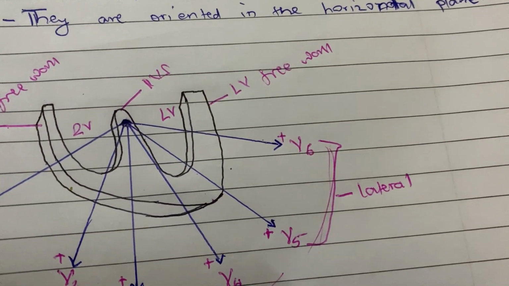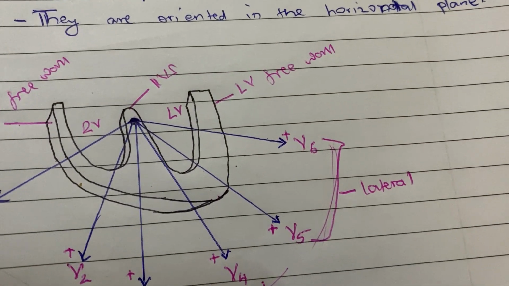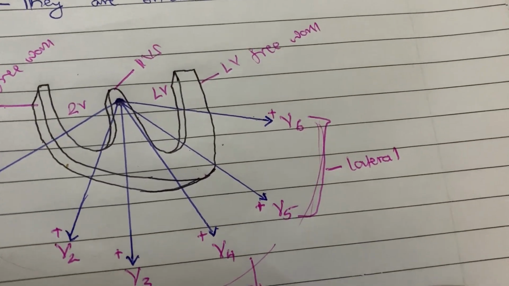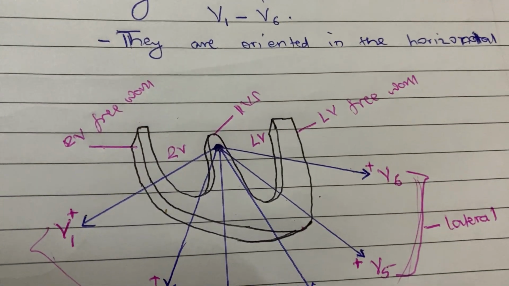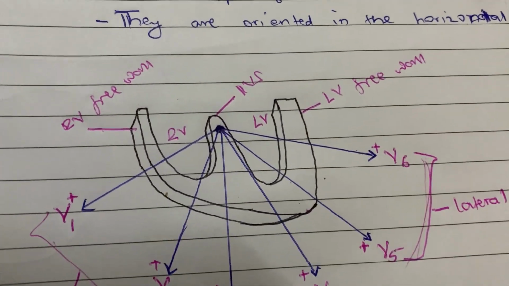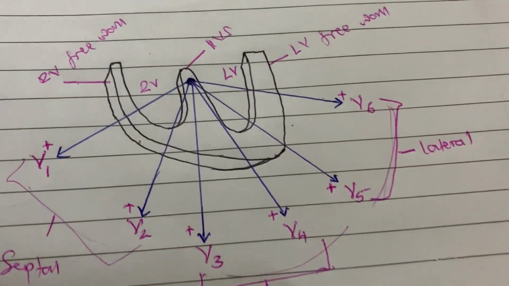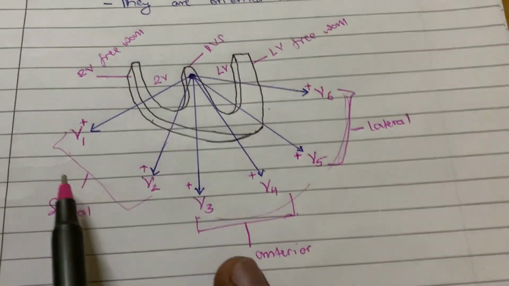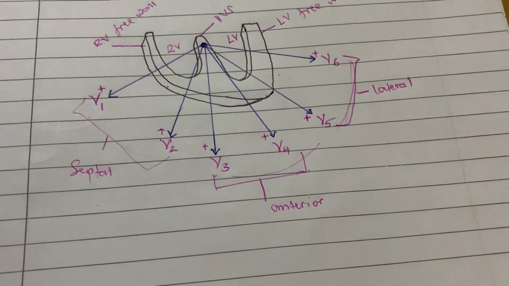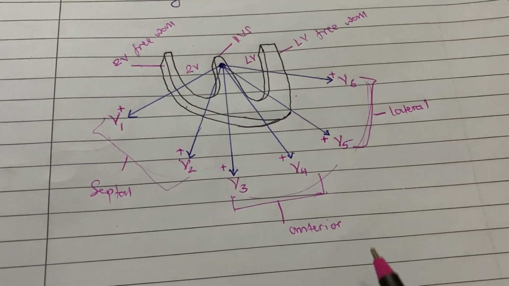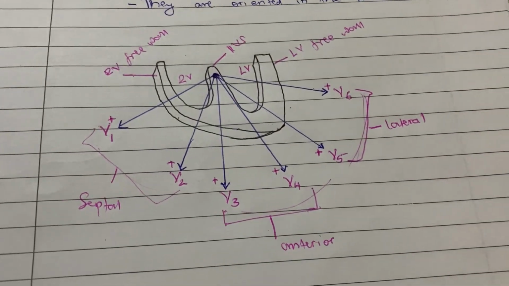Then this one you will find, depending on where you are reading from, is anterior, and these ones can be regarded as septal, depending on where you get it from. So V1 and V2 are seeing the septum. V3, V4 are really seeing the anterior wall, and then V5, V6 are seeing the lateral wall.